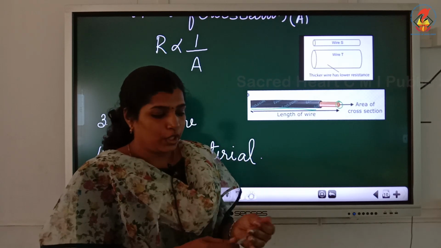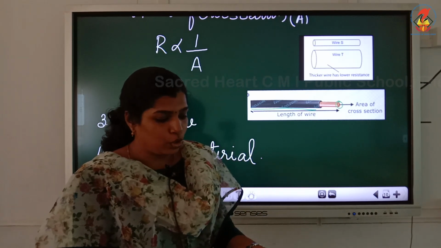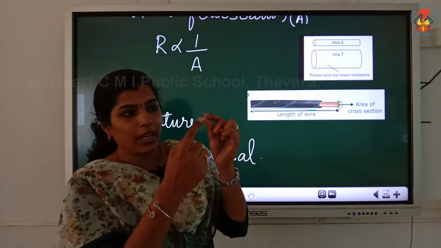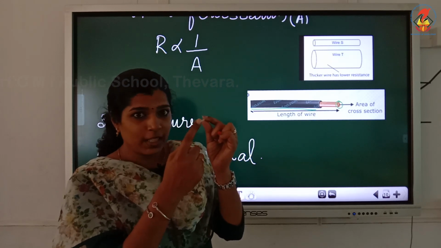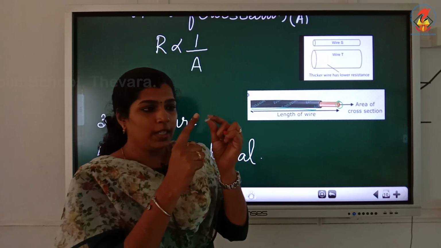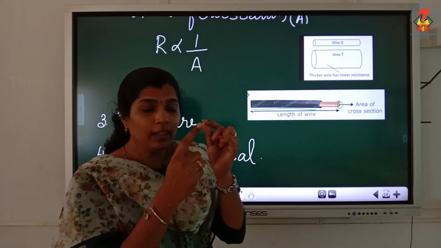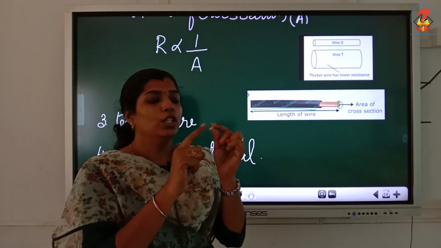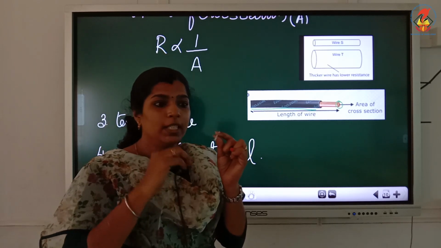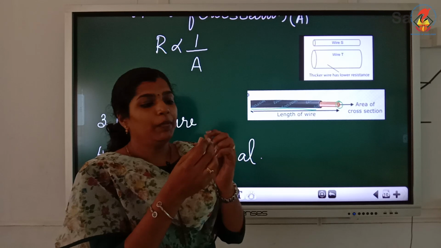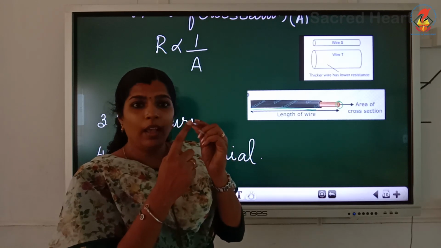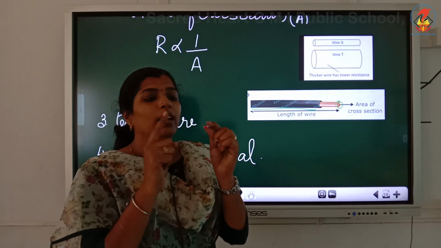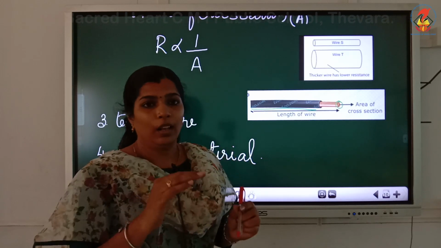Suppose I am considering these two, one having an area of cross section this much, and the other having an area of cross section this much. For this conductor, the area of cross section is less, so the resistance will be more. When we compare these two, this one is having more area of cross section, then the resistance of this conductor will be low.